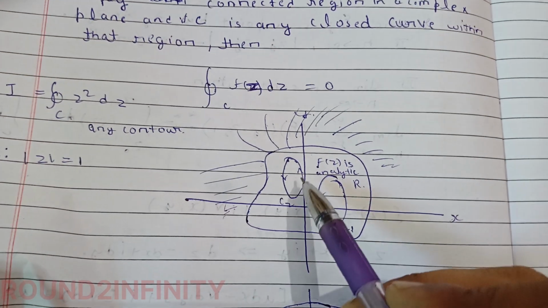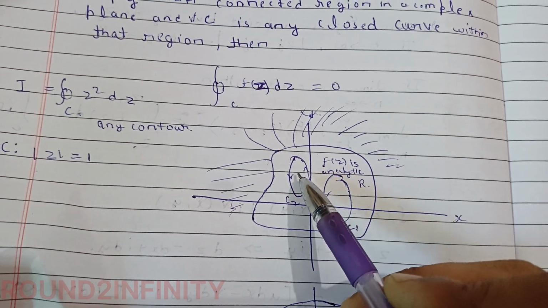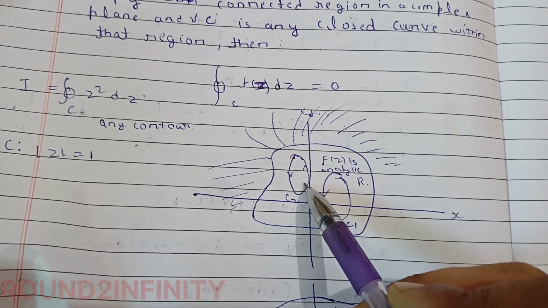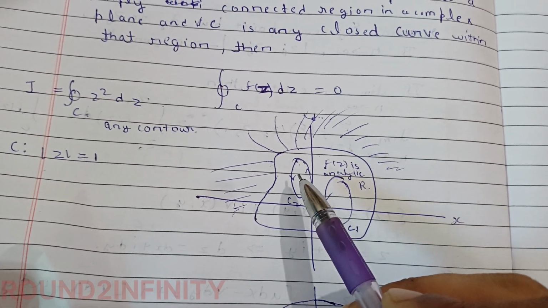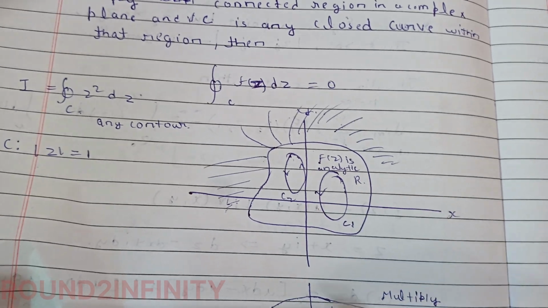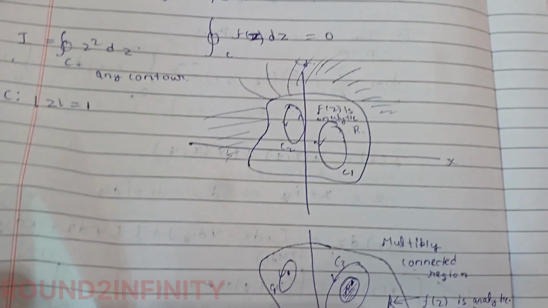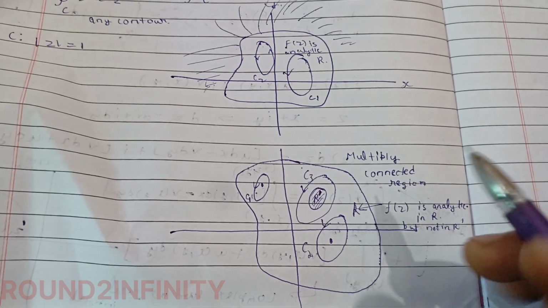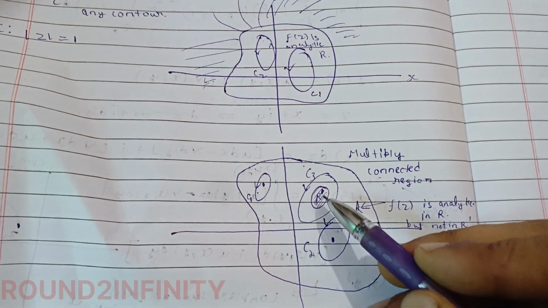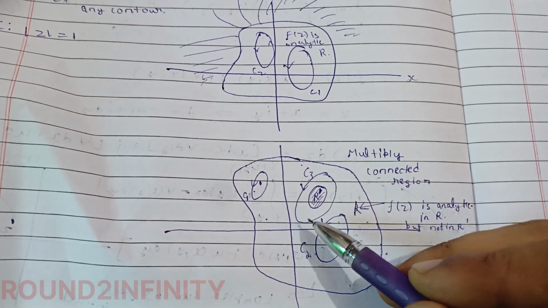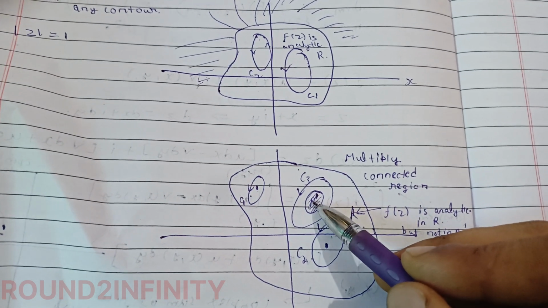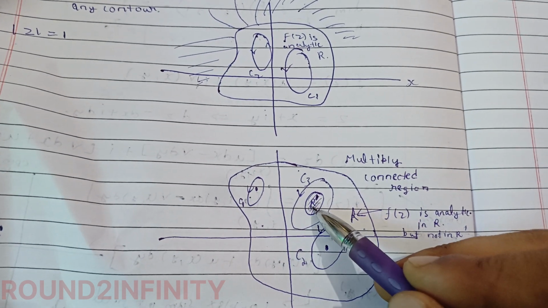Now if you take any contour and it shrinks down to any point inside it, then that point should be lying in this region, means it should be analytic. That point should be analytic for that function. Now see why it is not analytic here. If this R dash is non-analytic in this region, and you take a contour outside this, it will shrink down to a point of this, then this function will not be analytic at that point.